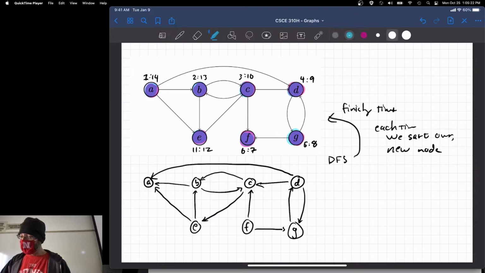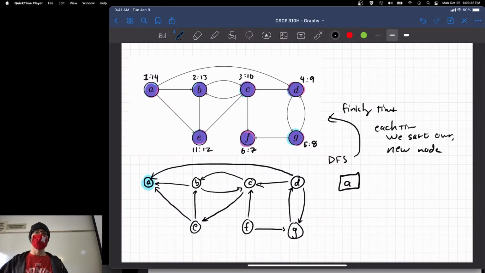Right? All right. So what happens at A? There's nowhere to go. Right? It's a sink. Right? So A is its own component. Okay. And that's also done. So I'll just go ahead and mark that as purple there. Right. Now let's go ahead and start over at the next one, which would be B.